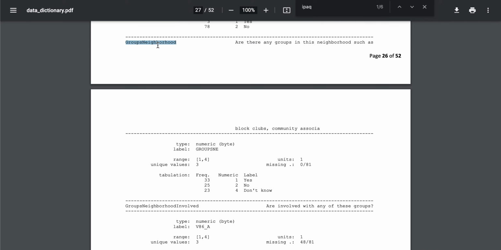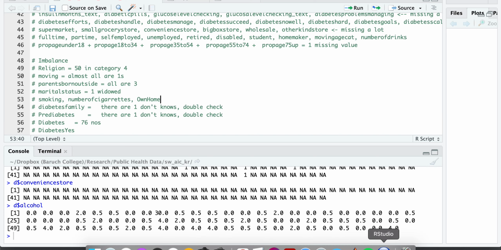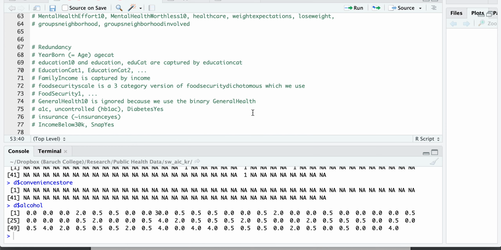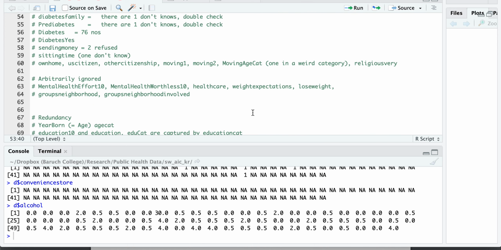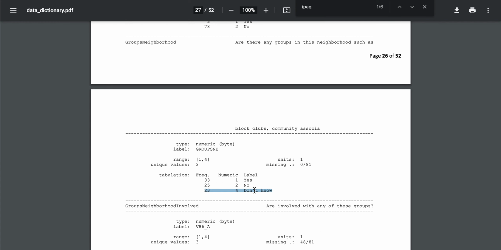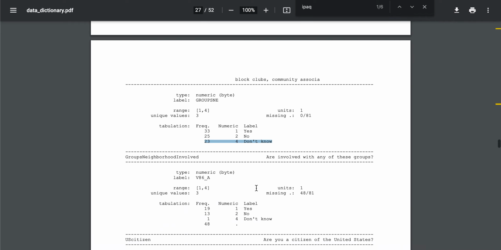Three categories. So I arbitrarily remove it, and arbitrarily because don't know, at least if it was yes and no. But anyway, this is something I have to have a conversation about. So for now, let's just ignore it.